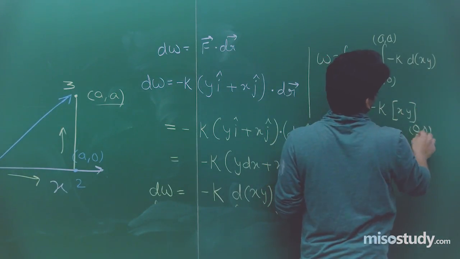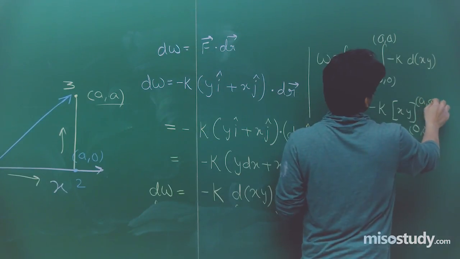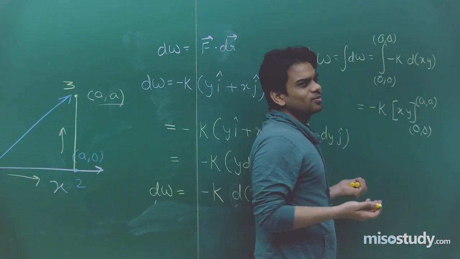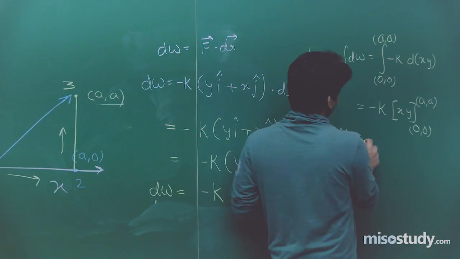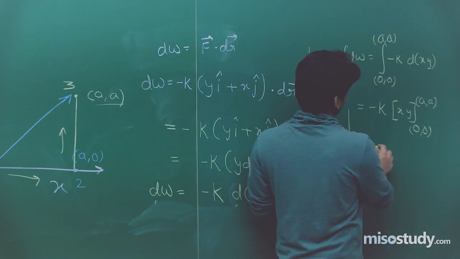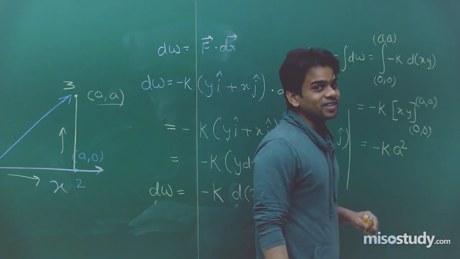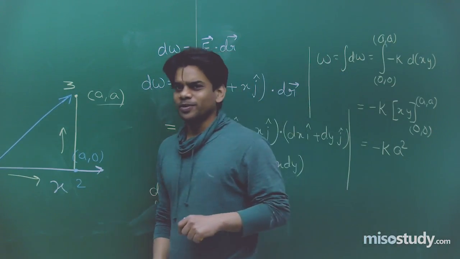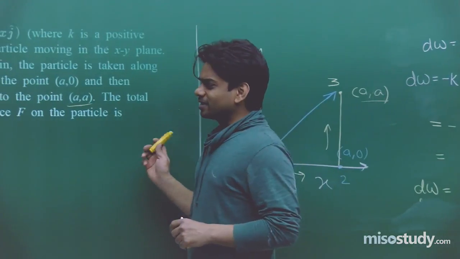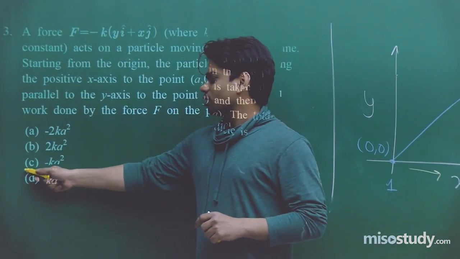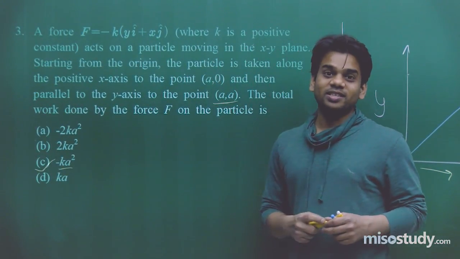Two limits together we need to put for x and y, and both are the same, 0 and a. So the final result that you will be obtaining will be equal to minus k a square. This is the final work done. Let's check the options. The option that matches minus k a square, option C, is the correct answer.